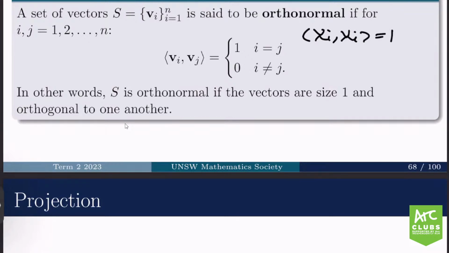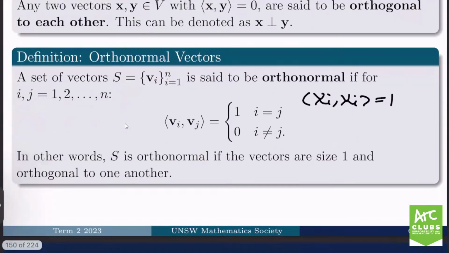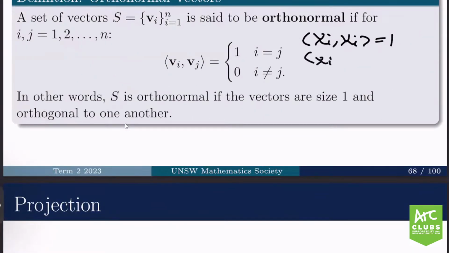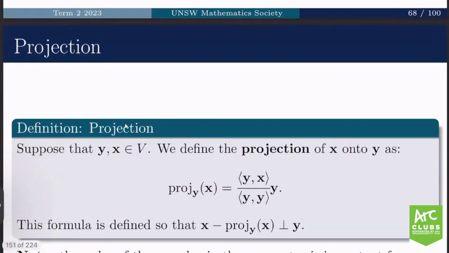So the inner product of the vector vi with itself is 1. But if I take any two different vectors, then I should get 0 because they need to be mutually orthogonal. So they're orthonormal if all the vectors have length 1 and are all mutually orthogonal.